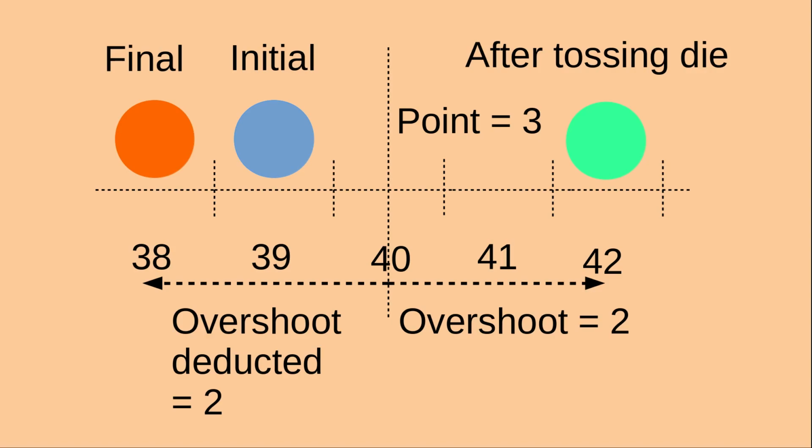So when we want to go back, we have to go back by 2 steps, which means that the final position would become 38 instead of 42. The game will end when you or computer reaches the finish line, which is step 40 exactly first.